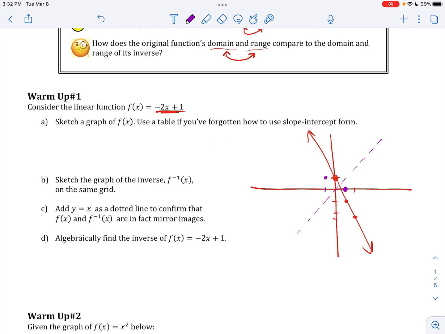The slope, it's almost like if I just turn my head sideways, is going to go down 2 and up 1 like that. I'm going to get a line that looks something like this. It should cross itself on the reflection line there.